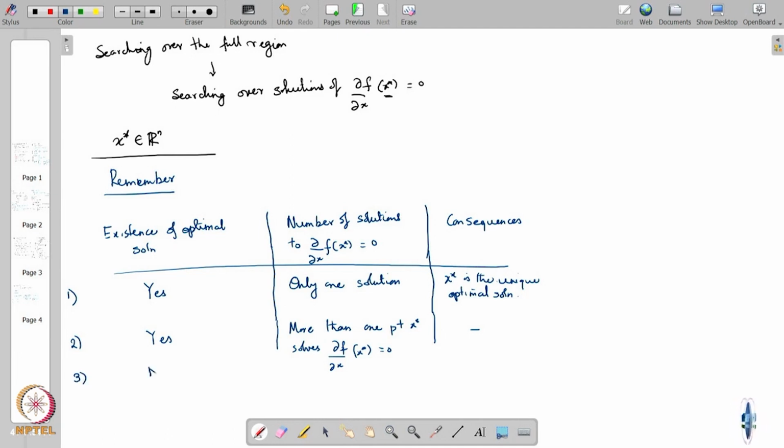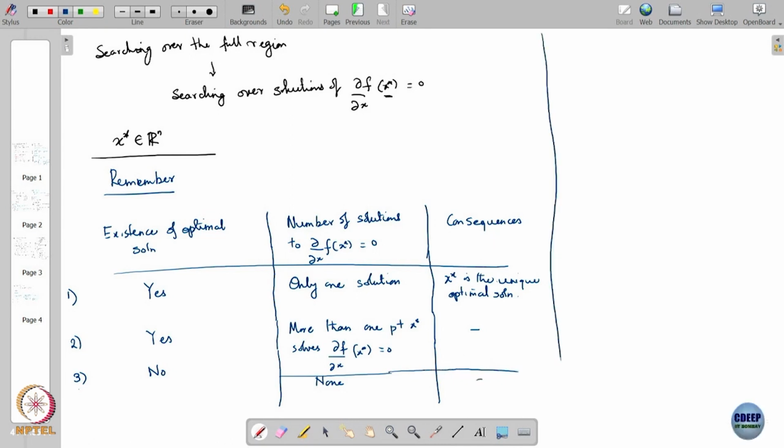Now, suppose there is no optimal solution, and no solution here also. Then of course, again nothing can be said. Going further, suppose there is no optimal solution, but there is a unique point at which you can solve this system of equations.